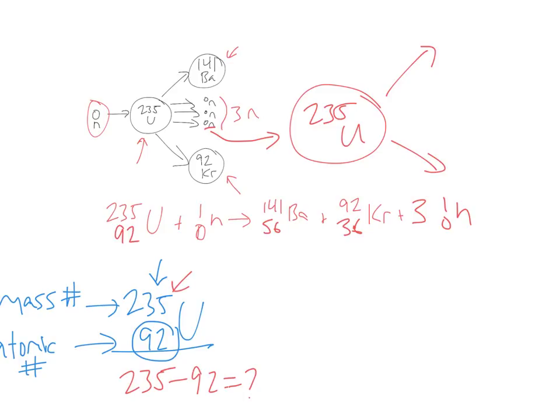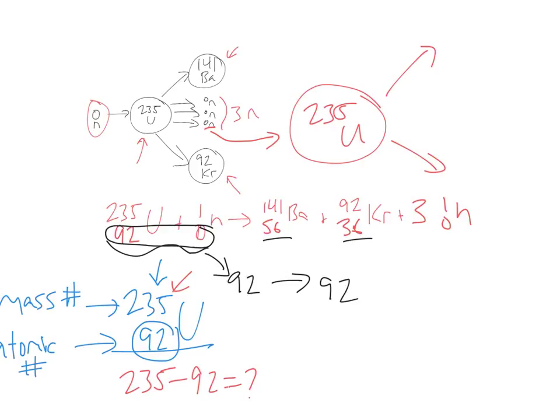Here is what you need to know though. The bottom number, which is this 92 plus 0, must always equal the same from the left side of the reaction to the right side. If I add 56 plus 36, that also equals 92. So you can figure out what these are.